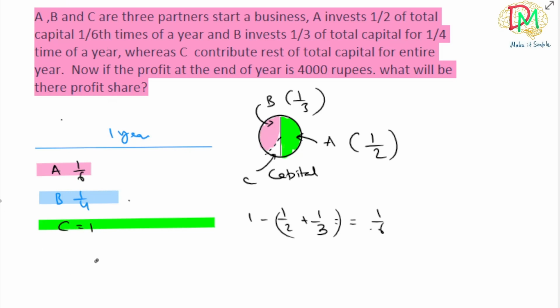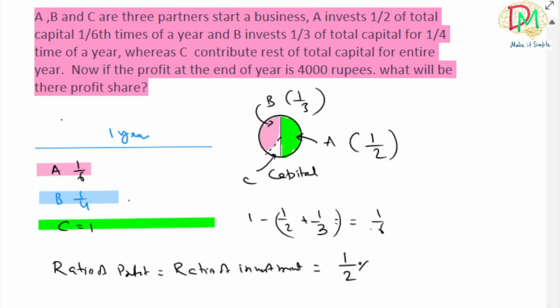So we know that the ratio of the profit is equal to the ratio of the investment. For A, half capital invested for 1/6 time is 1 by 12.